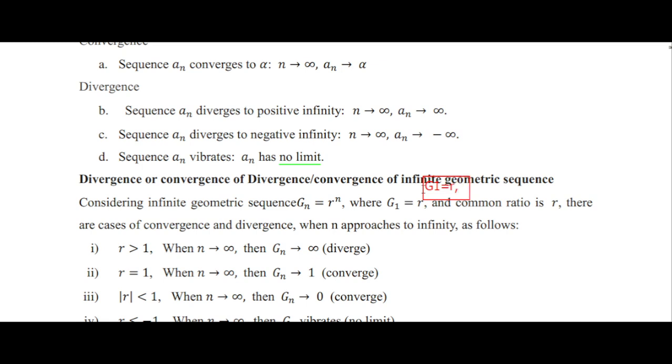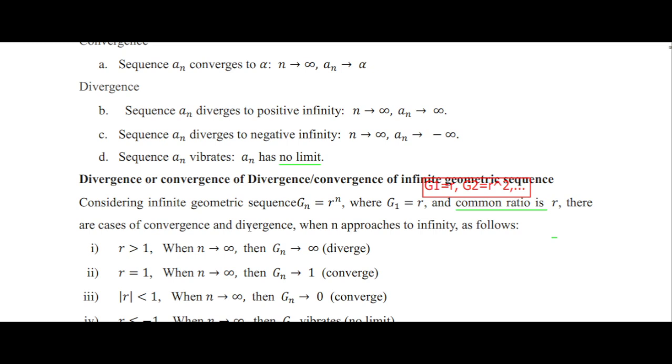For G_2, which is equal to r squared, and so on. From this, the first term is r, and the common ratio is G_2 over G_1, r squared divided by r, so the common ratio is r.